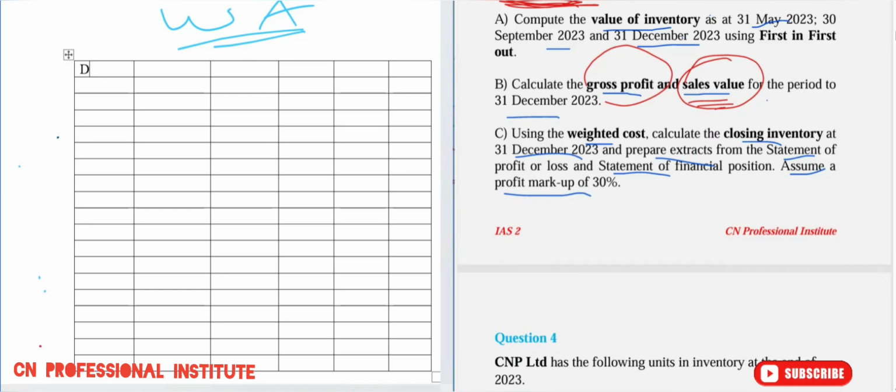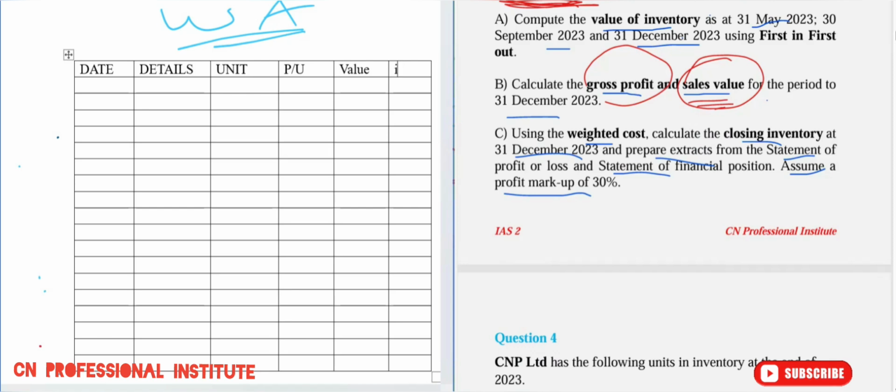We also have the same thing: we have our date, the details, the unit, the price per unit, then my total value and the cost per unit.